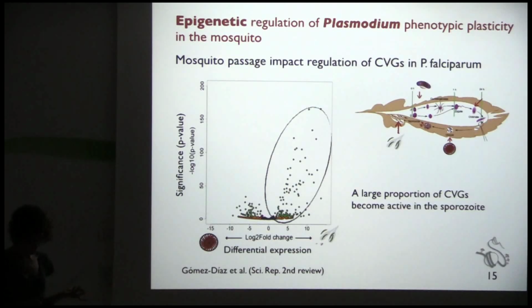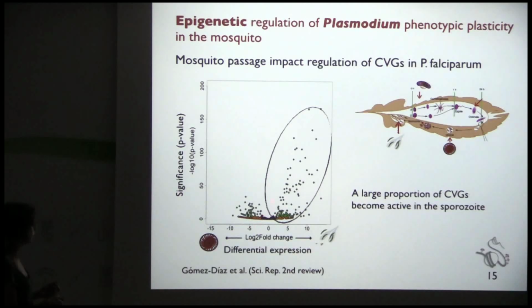Now, the result is that in the mosquito, a large number of these clonally variant genes are expressed. I'm going to explain this figure. This is the oocyst, and this is the sporozoite. This is the midgut, and this is the salivary glands. This stage is the one that is transmitted to the next host.